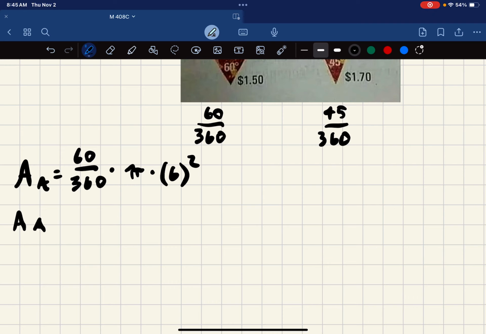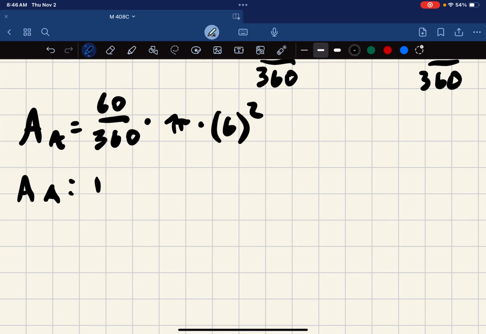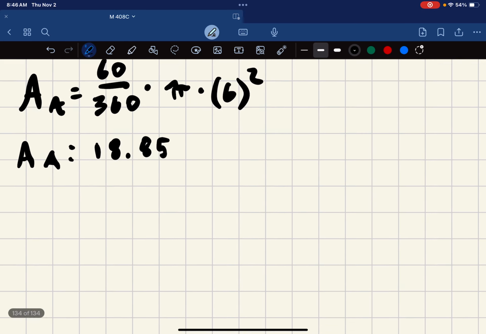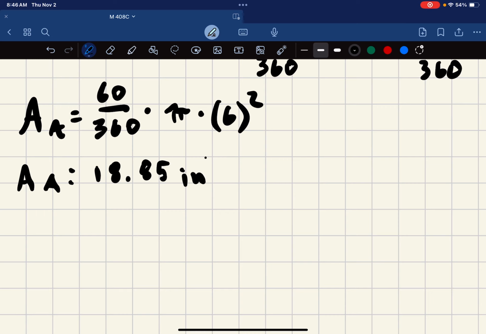And if we use a calculator to multiply this out, we get 60 over 360 times pi times 36, 6 times 6, which is 36. Let me make sure my calculator is in degree mode because we're dealing with degrees, although it's not very important. We get an area of 18.85 inches squared.